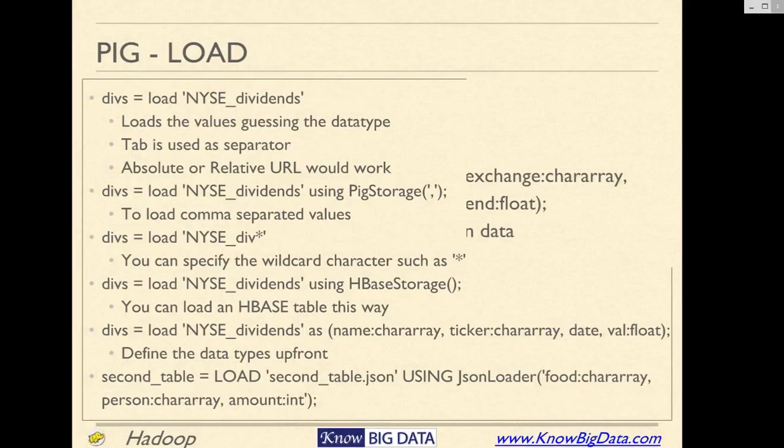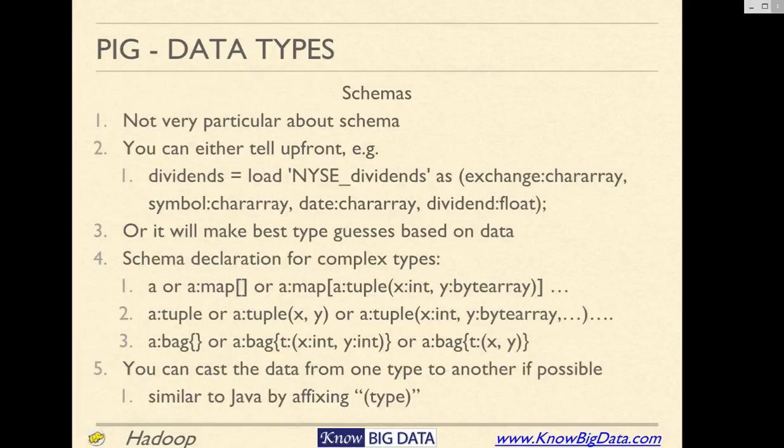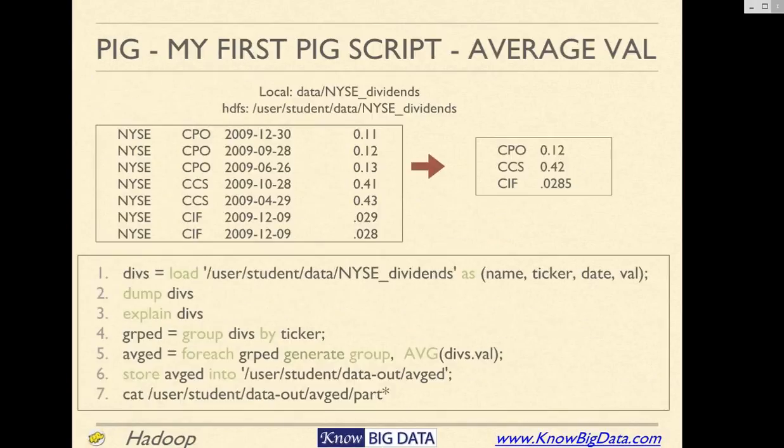Okay, so Achintya is asking, when we were typing these commands, divs equal to, grouped equal to, averaged equal to, were those commands running behind the scenes and the results kept in memory?